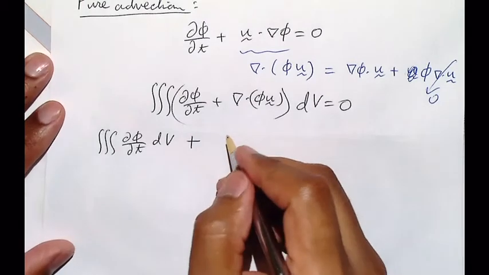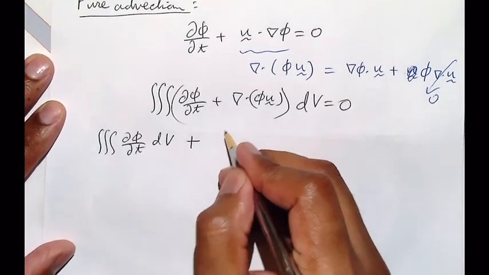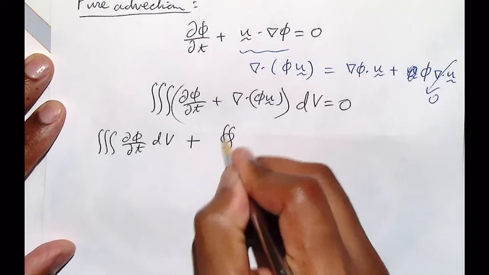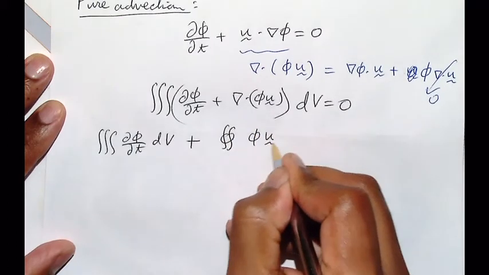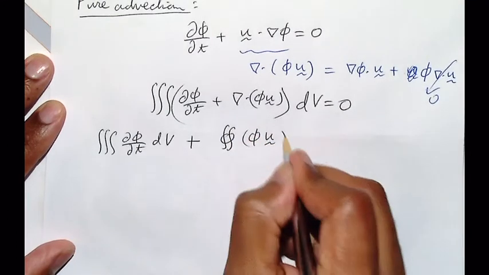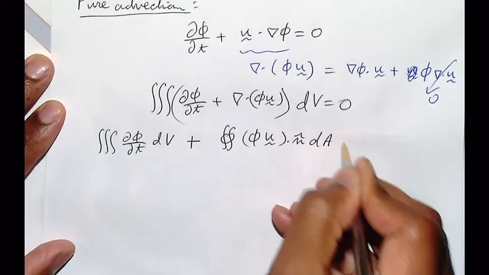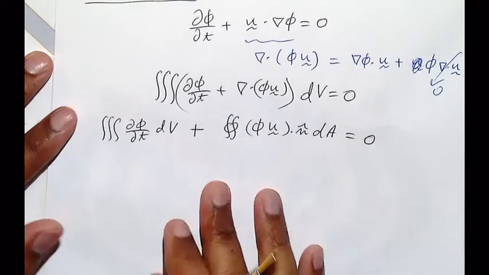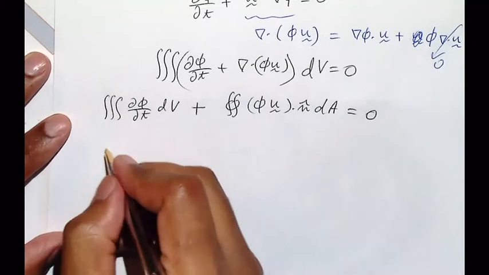So, the surface integral of phi u dot n cap dv. All right, this is in finite volume.